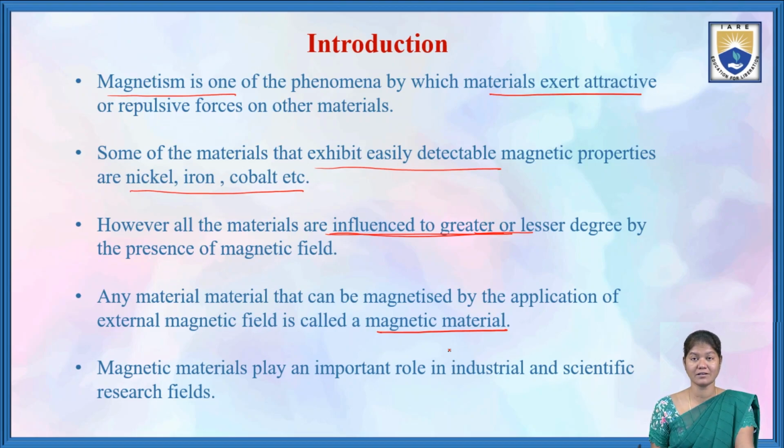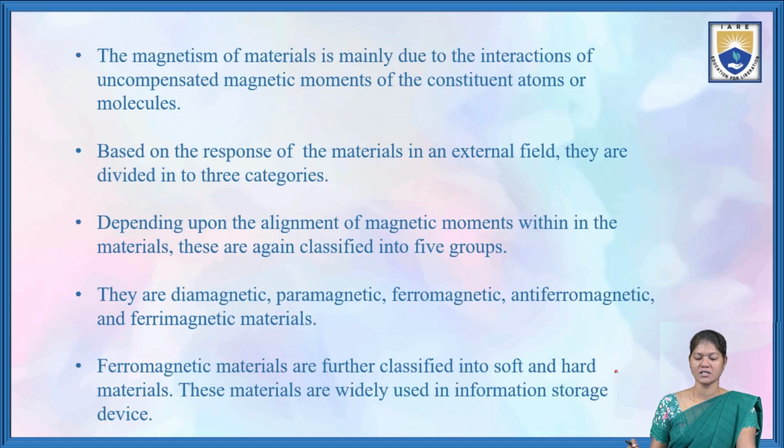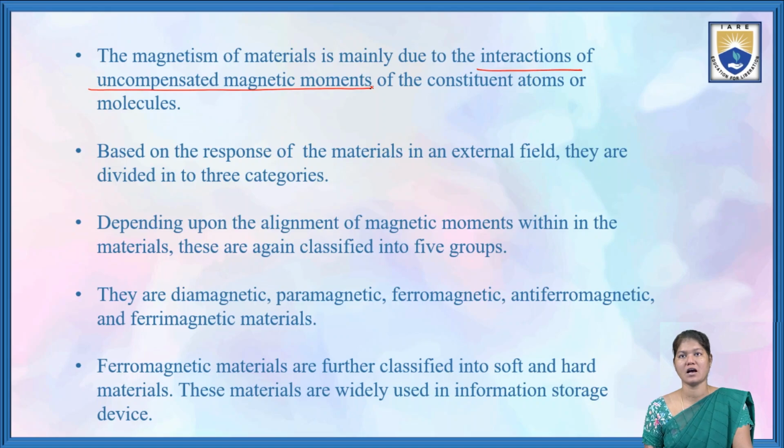Magnetic materials play an important role in industrial and scientific research fields. The magnetism of the materials is mainly due to the interaction of uncompensated magnetic moments of the constituent atoms or molecules.